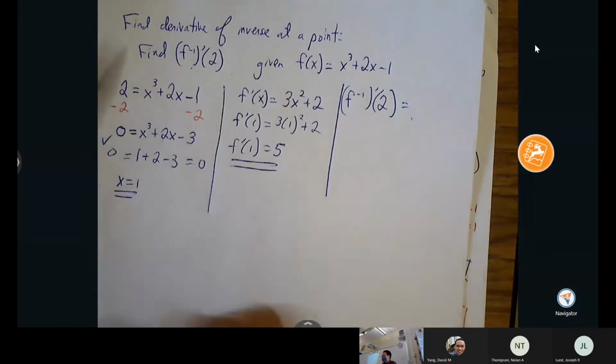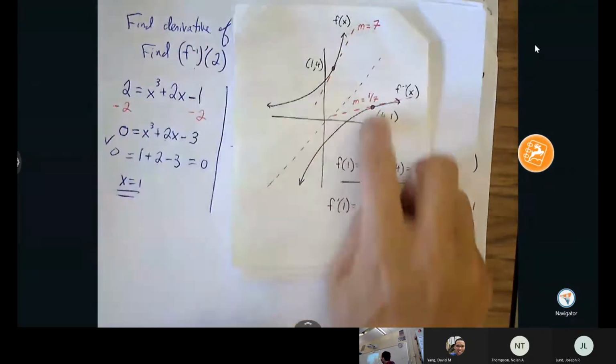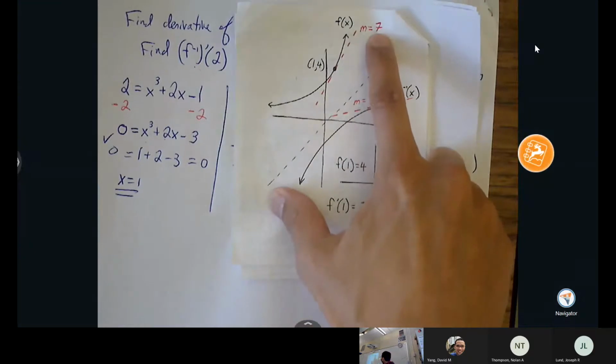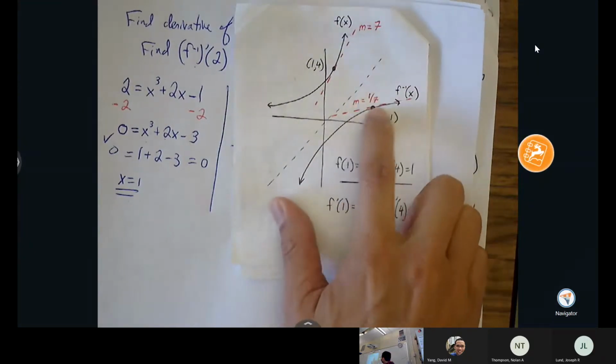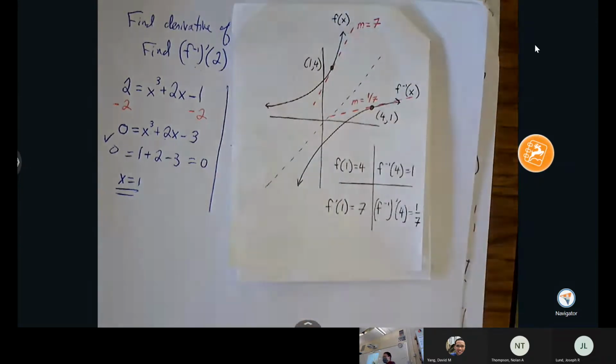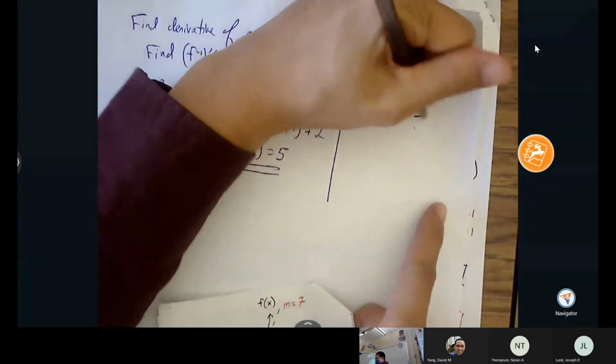So if the slope were 7, we know that the slope of the inverse is going to be 1/7. For our problem, if our slope is 5, we know the slope of the inverse is going to be 1/5, right? You see how they're both positive slopes, but one is steeper than the other. So we don't want to change the sign. We're just going to flip it.